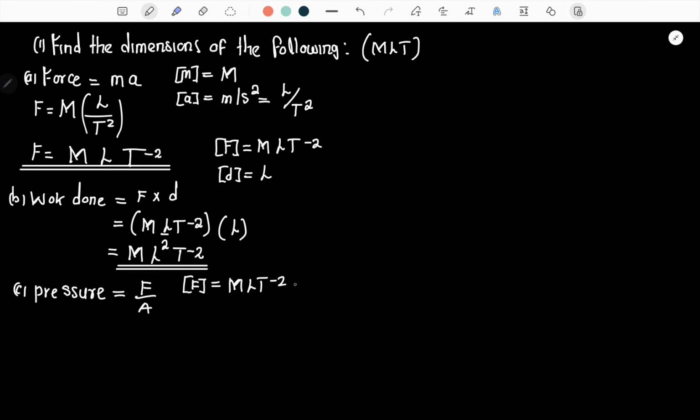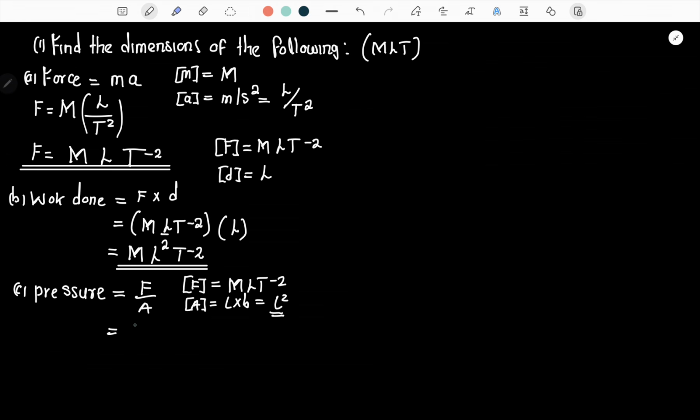What are the dimensions of area? Area, the formula is L times B. This L is simply the length. The base is also a distance, so it's represented by length. So this is just the same as L times L, which is going to give you L to the power 2. So the dimensions of area are simply L to the power 2.